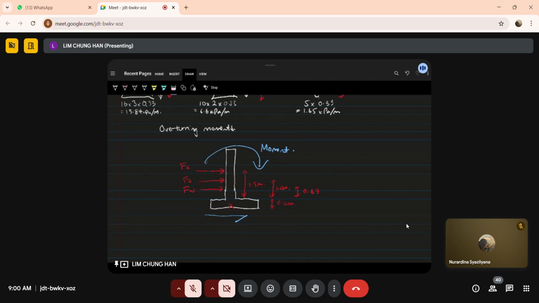So if you think about it, this retaining wall is actually, now, this retaining wall, can I turn it around? I can turn it around to make it clearer.